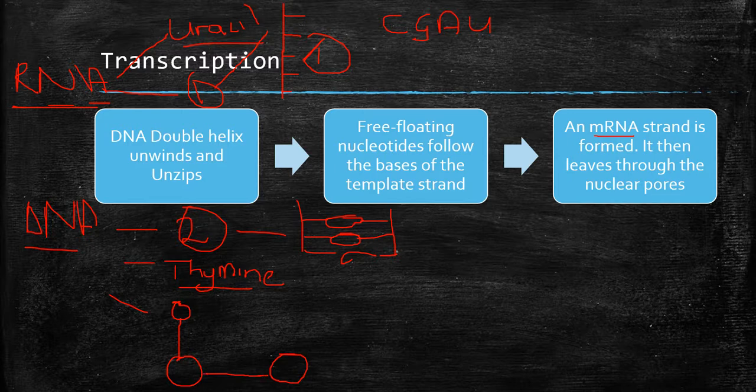Now the difference with RNA is here. Instead of a deoxyribose sugar, it is a ribose sugar. Not a deoxyribose sugar, but a ribose sugar. So this one has a ribose sugar, while this one has a deoxyribose sugar. So that is their difference.